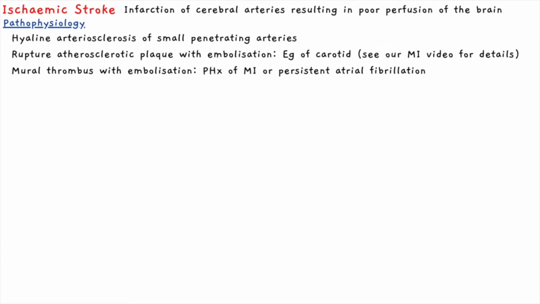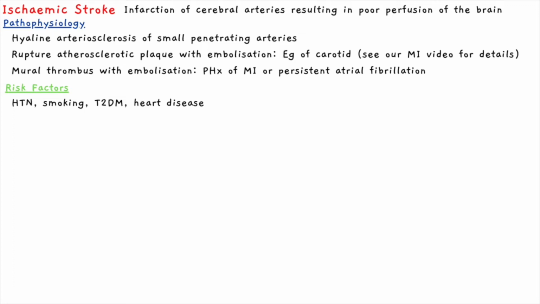You can also get a clot from the heart, and this is a mural thrombus with embolization. The risk factors are a past history of myocardial infarction, where you may have necrotic myocardium that does not contract properly, or persistent atrial fibrillation, where the atrium is not contracting in sync, and these form clots due to Virchow's triad.